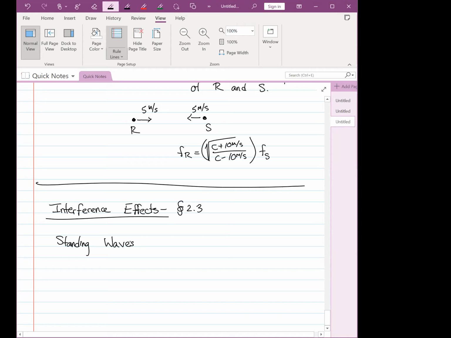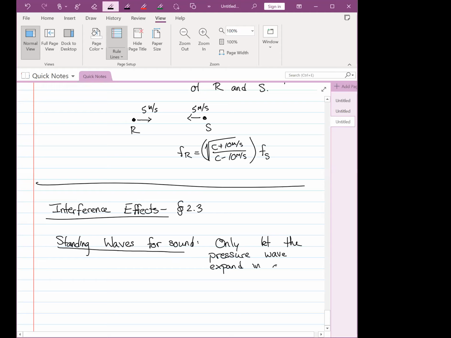But you can still use the one-dimensional calculations that we use for standing waves, so long as you restrict your sound to only travel in one direction. And the way we do that is we only let the pressure wave expand in one direction.